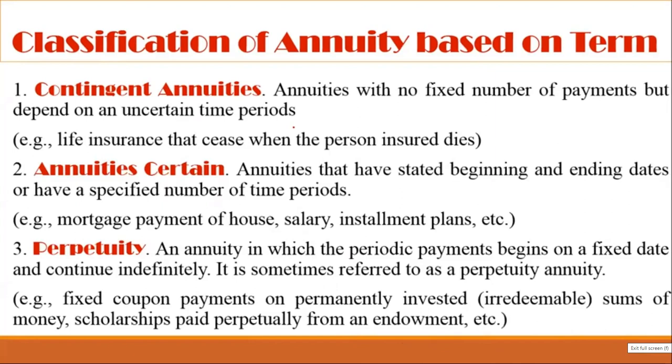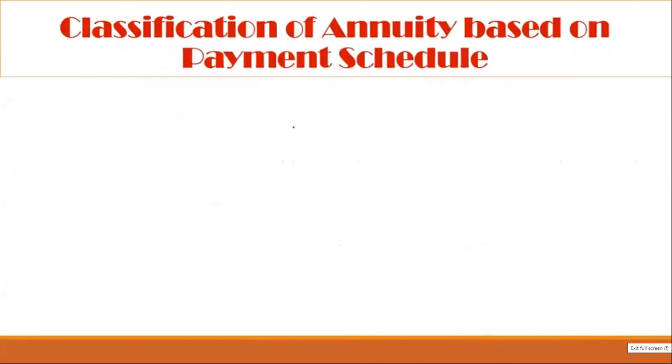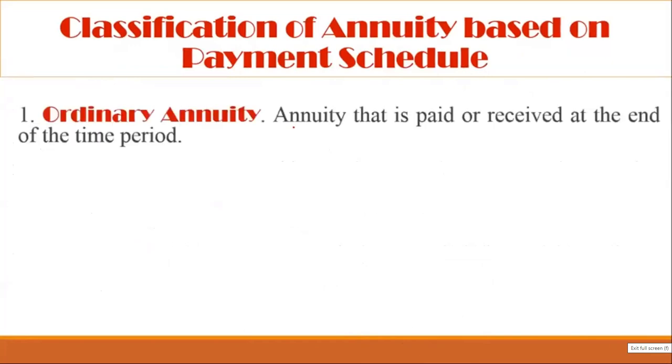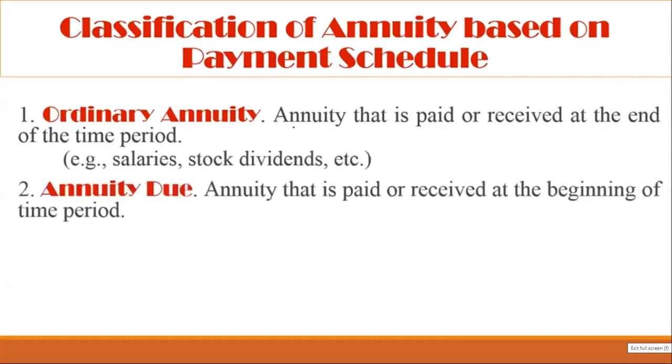Based on payment schedule, we have the ordinary annuity, which is an annuity that is paid or received at the end of the time period. Examples are salaries, stock dividends, and etc. And the annuity due is an annuity that is paid or received at the beginning of the time period.